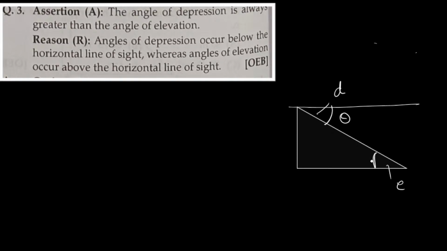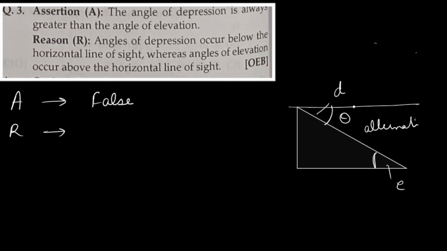So they are always actually equal because they make a pair of alternate angles. Here they make a pair of alternate angles, so they will be equal. But here what is mentioned? The angle of depression is always greater than. Yes, so A is false. What about R? Angles of depression occur below the horizontal line of sight.